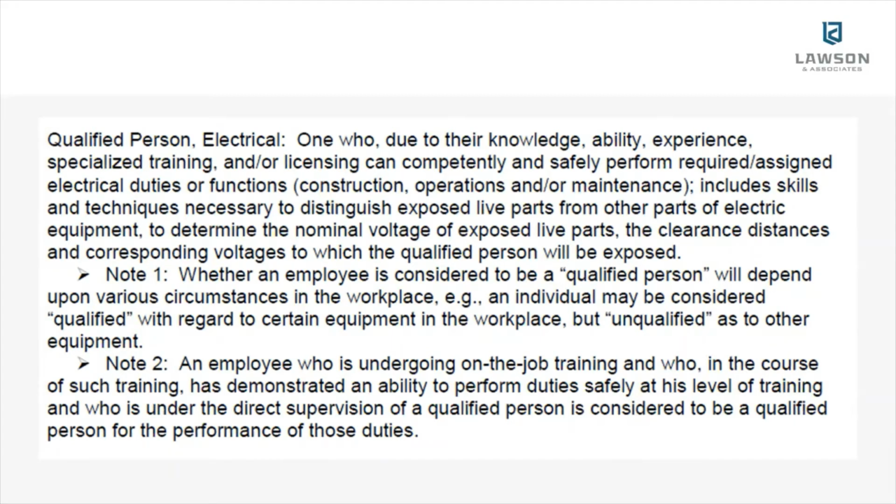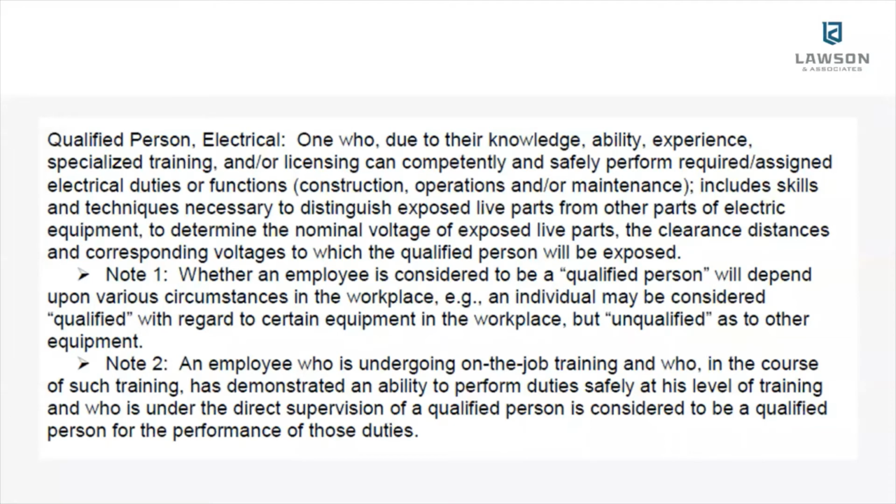But when EM 385 talks about the qualified person for electrical, which we would see more information on in the NFPA 70E standard, this is somebody who, due to their knowledge, ability, experience, specialized training, or licensing, can competently and safely perform the required and assigned electrical duties or functions, okay? And EM 385 combines construction and general industry all together. OSHA breaks it out separately. It's one of the other differences between the two regulations.